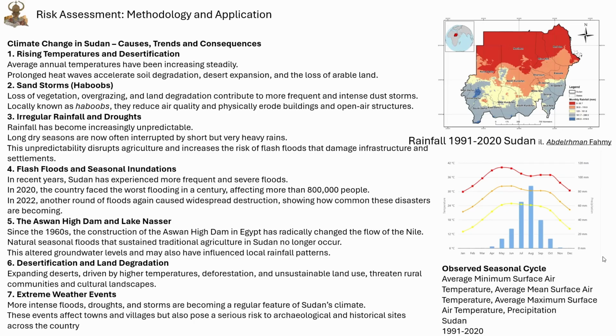And in the first place, we have rising temperature, also sandstorms, irregular rainfall and droughts, flash floods, which in last years are really strong, and it wasn't like that before, I think, but I will show you a table.